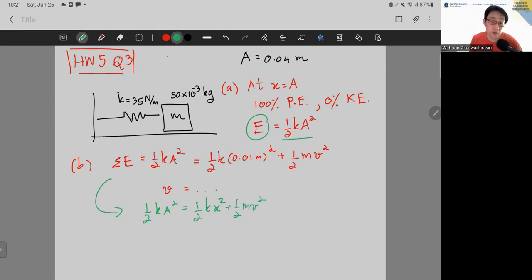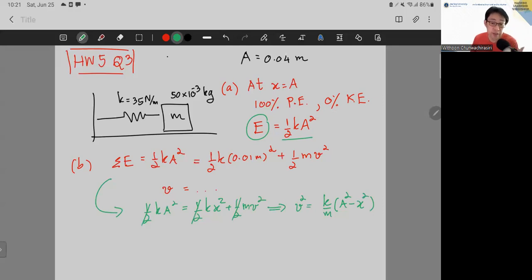And if I really want the expression for the speed, what I can do is say, all right, the 1/2 just disappears. There's no big deal. So what I can say is v squared is K over m times A squared minus x squared. You guys with me so far?